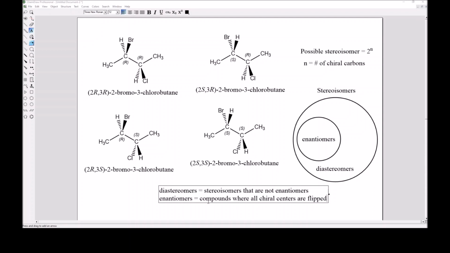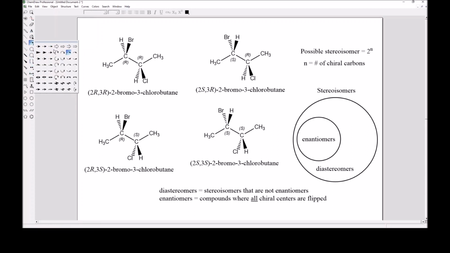So first, let's look for the enantiomers. The enantiomers we're going to define as compounds where all chiral centers are flipped. And I should emphasize this "all", which is why they invented underlining. So all chiral centers. RR can be flipped to SS, and therefore these compounds right here are enantiomers of each other. You might also notice that a single molecule can only ever have one enantiomer.